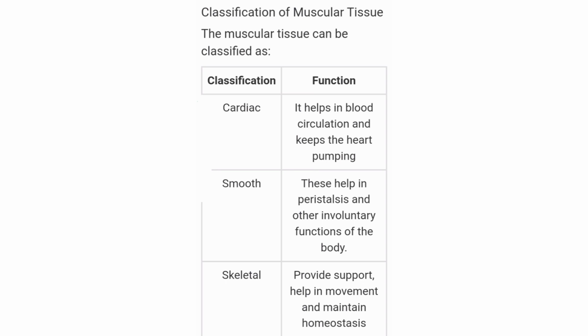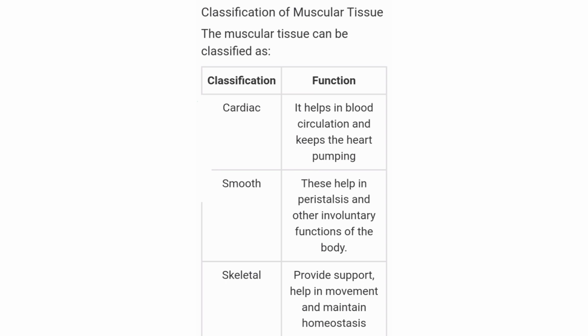They are also found in the iris of the eye, in the uterus and in the bronchi of the lungs. The cells are long with pointed ends and have a single nucleus. They are also called unstriated muscle. This helps in peristalsis and other involuntary functions of the body.